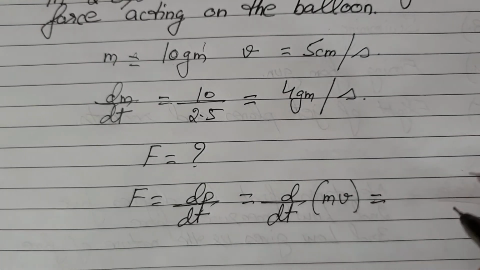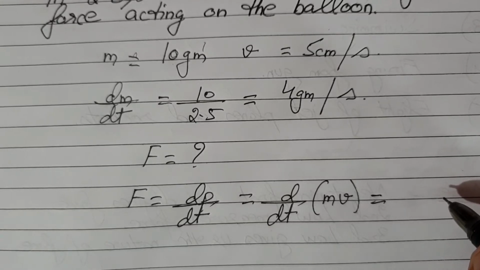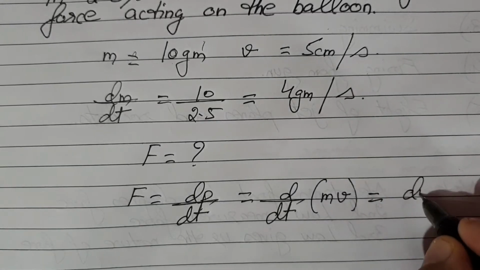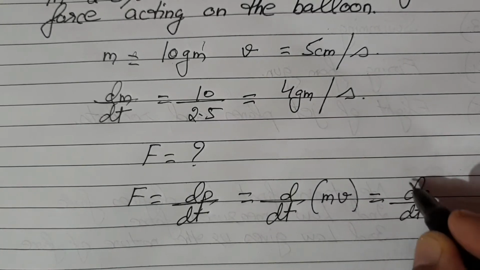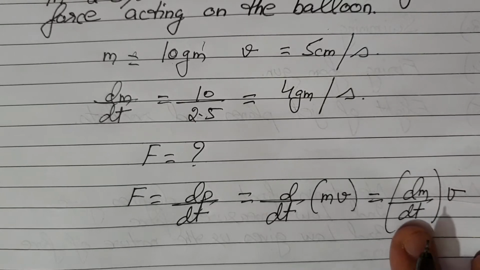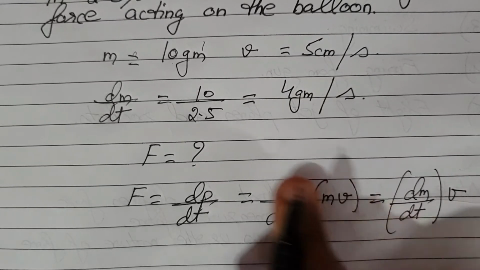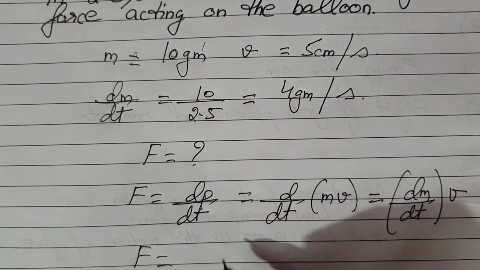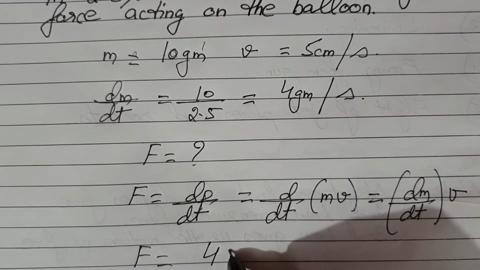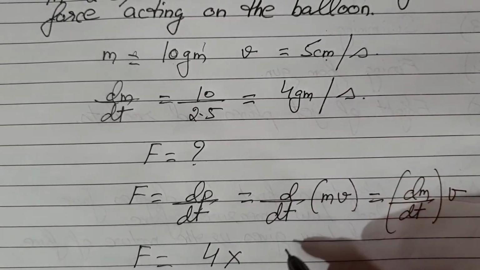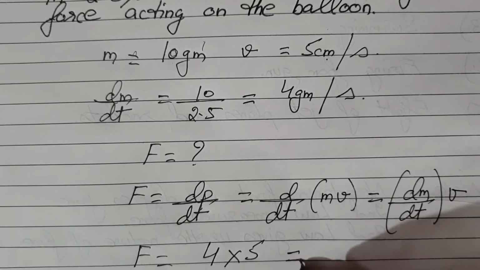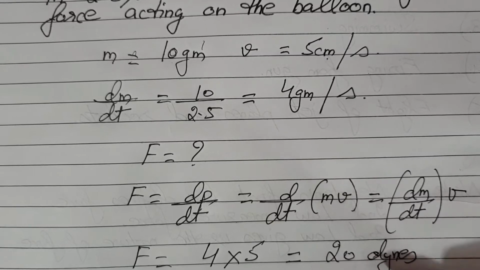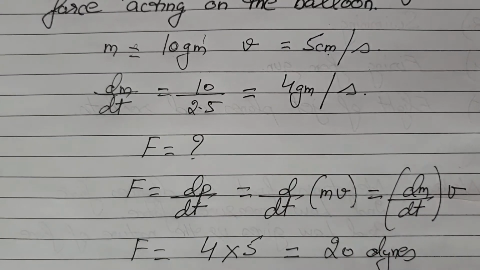Since velocity is constant, 5 centimeter per second, we have F equal to dm by dt into v. Dm by dt is 4 grams per second. So F is 4 gram per second into 5 centimeter per second. Since this is in CGS units, this will be 20 dynes. In the CGS system, the unit of force is dynes.